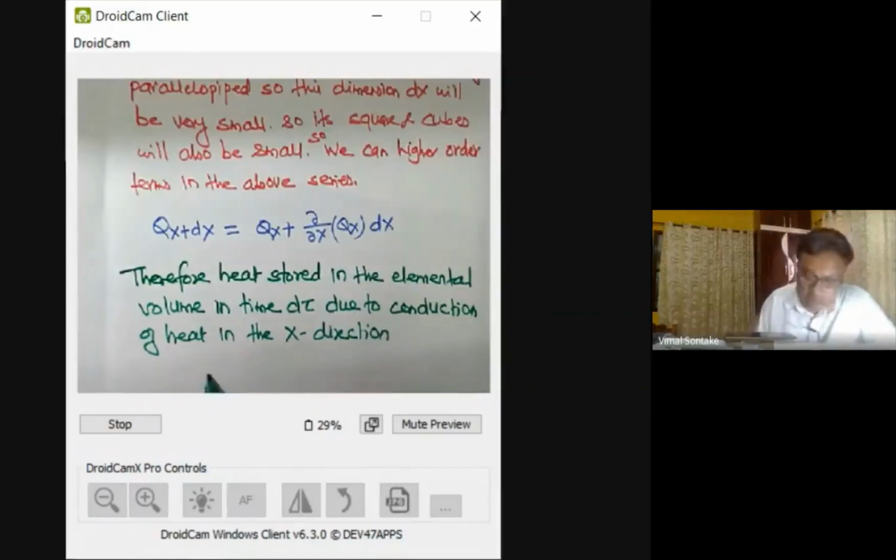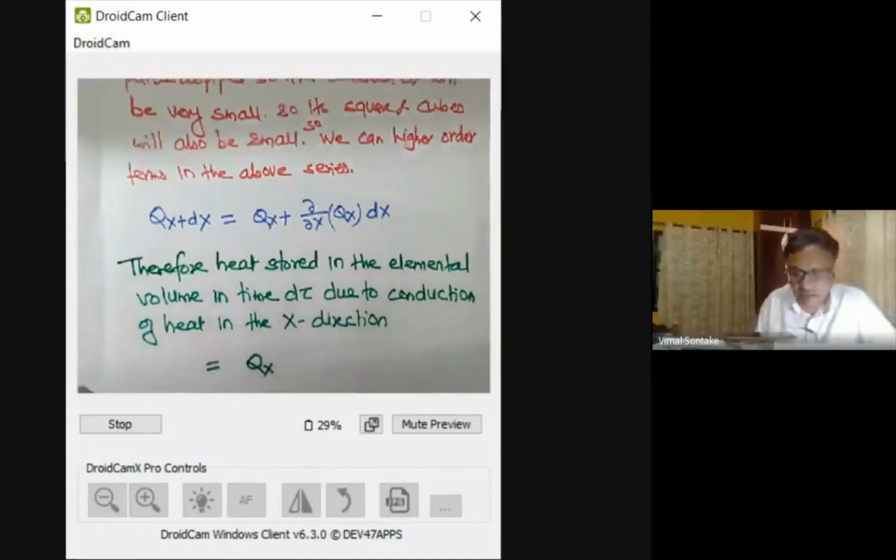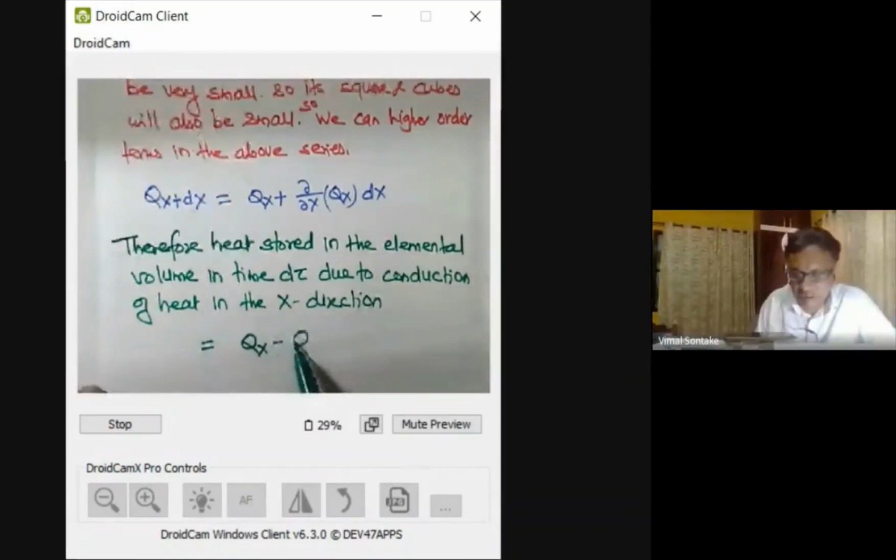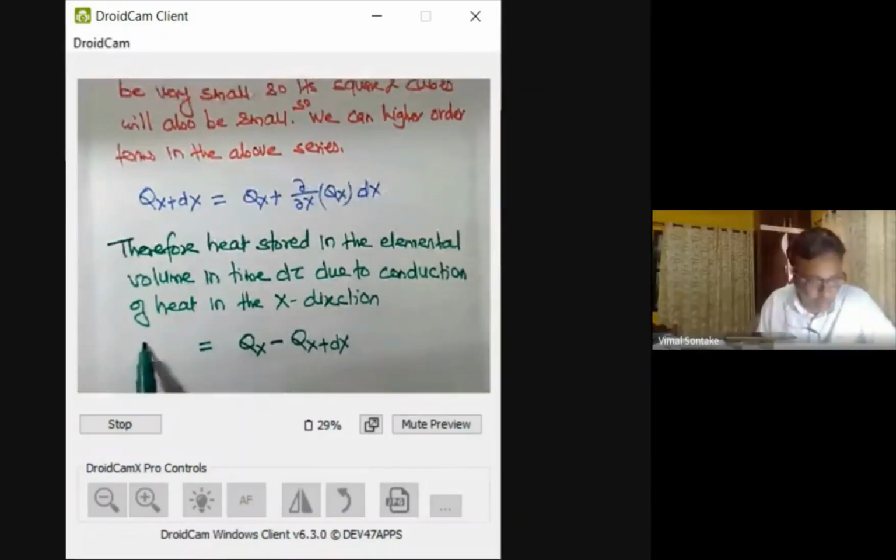Okay, so let us take the heat which is entering, that is qx. I am taking it positive from the sign convention of thermodynamics, and the heat which is leaving the elementary control volume, that is qx plus dx, I am taking it as negative, and their difference will be called heat stored.